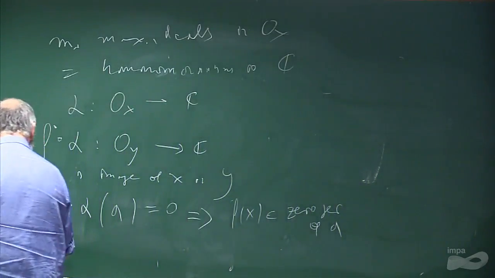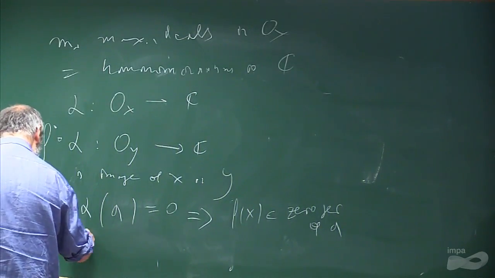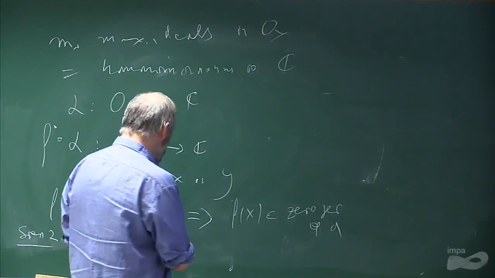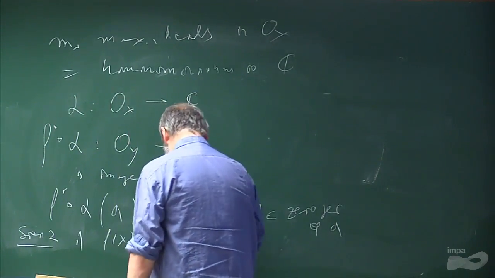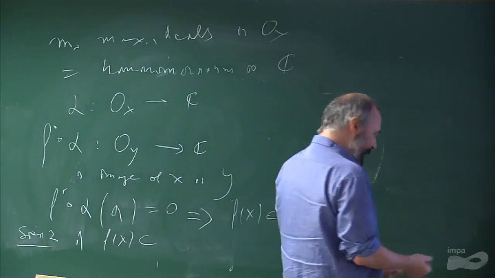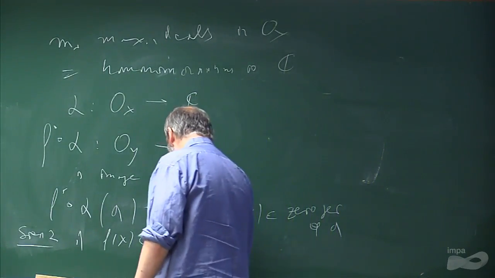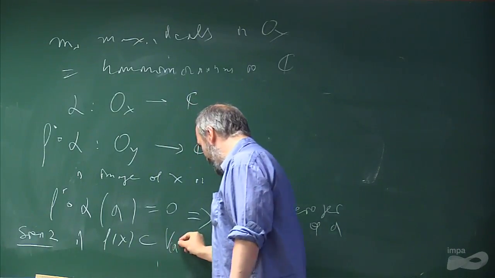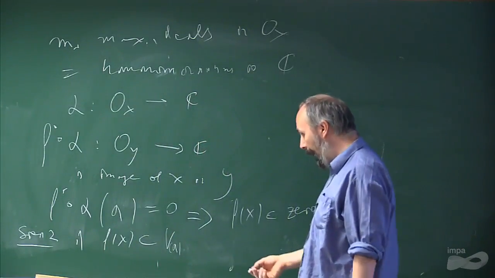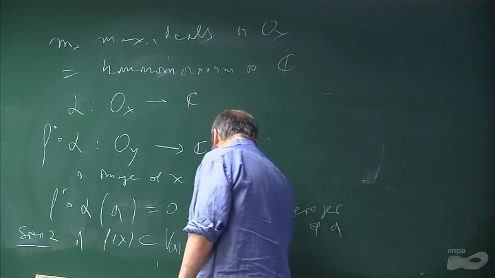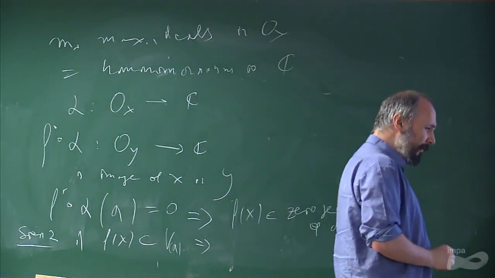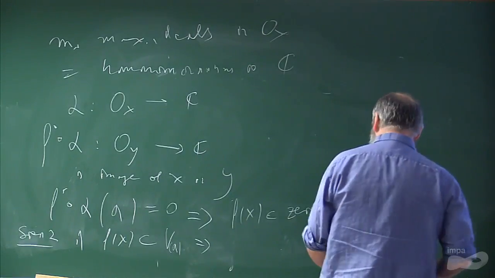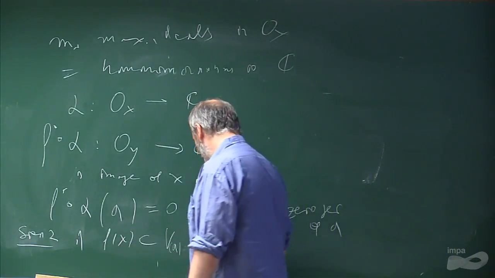So step 2. If f of x is contained in some algebraic subvariety, it's contained in V of A, in the vanishing set of a certain function, and so this function vanishes on the image.